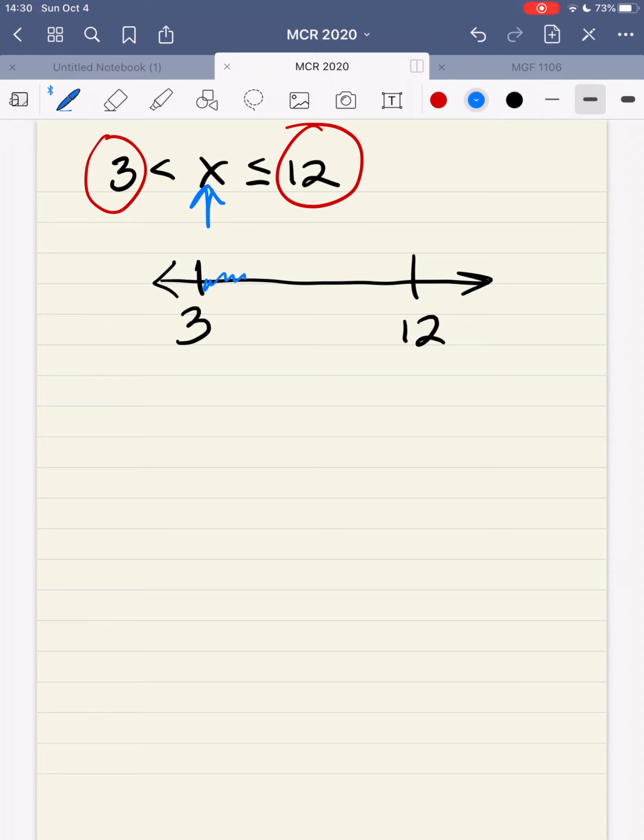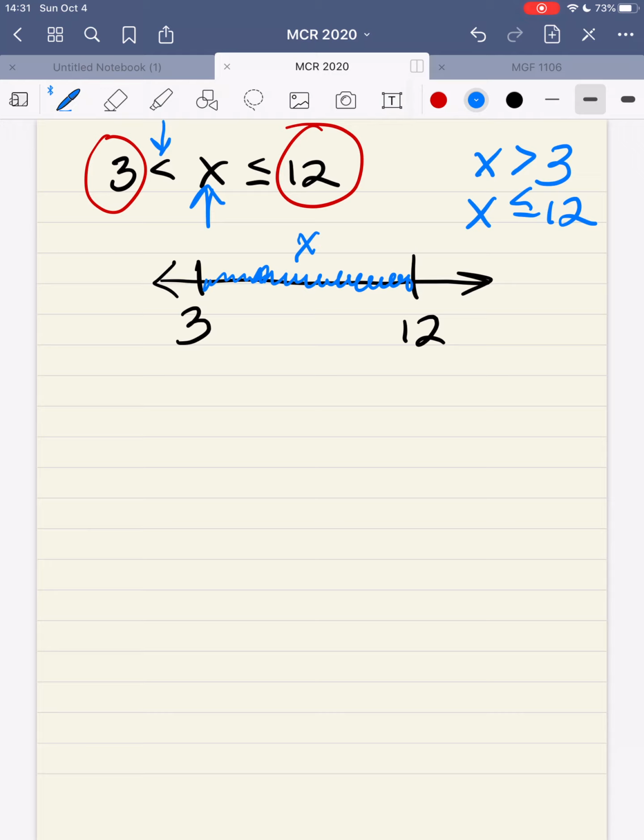So I'm going to shade in the middle. x has to be in here somewhere. All right. On the left-hand side, I have a strictly greater than, so x has to be greater than 3, because remember x is on the wrong side per se. If we do x on the left and flip it, x has to be greater than 3, but x also has to be less than or equal to 12.